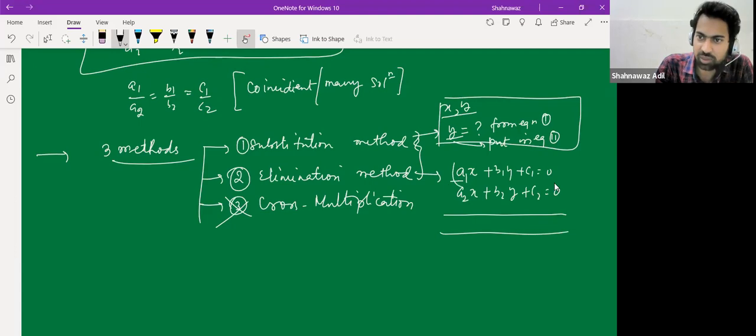So if I multiply this equation by a2 and this by a1, this x coefficient would be the same, right? And then we add or subtract depending upon the cancellation of these equations, right? So this was the elimination method.